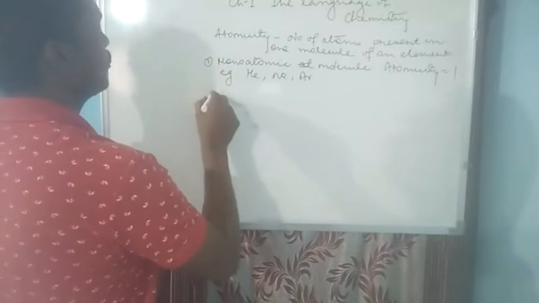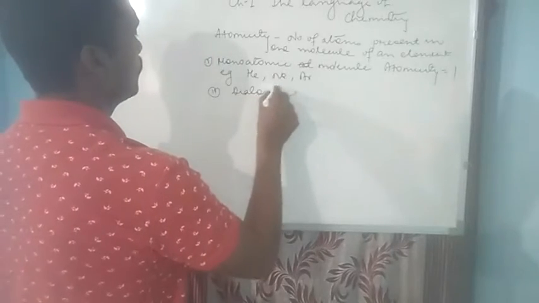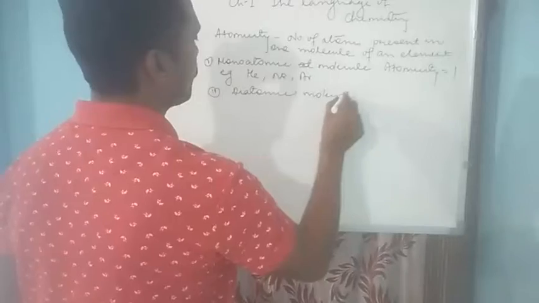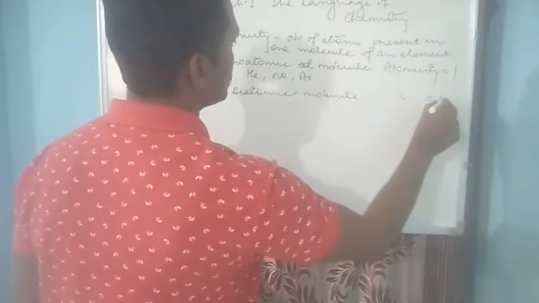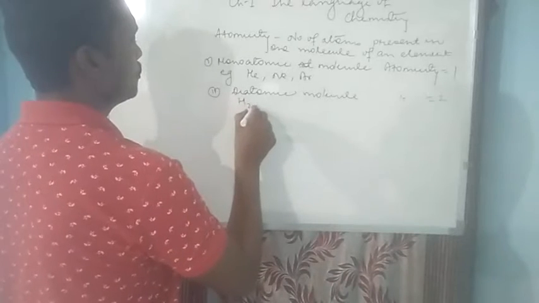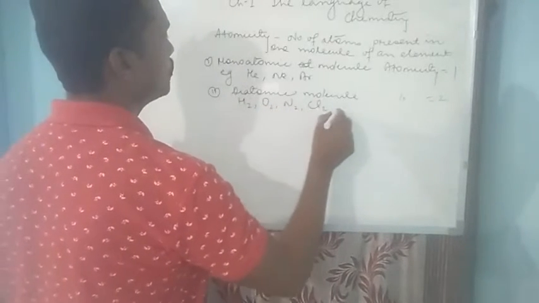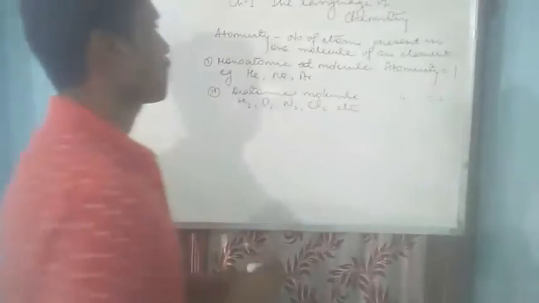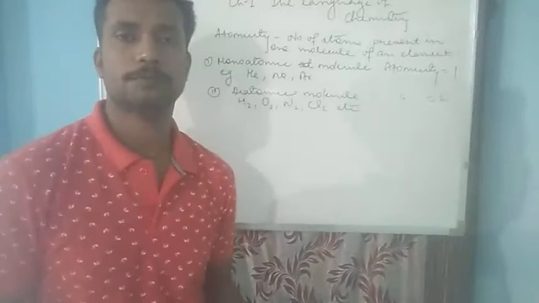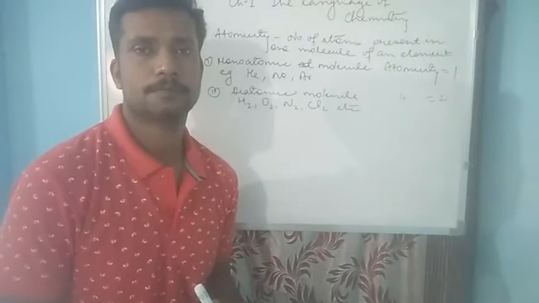Then we have diatomic molecule. These are the molecules whose atomicity is 2, like H2, O2, N2, Cl2, etc. Then we have triatomic molecule, tetraatomic molecule, then octatomic molecule.